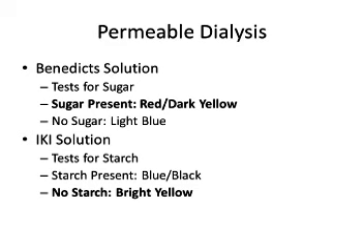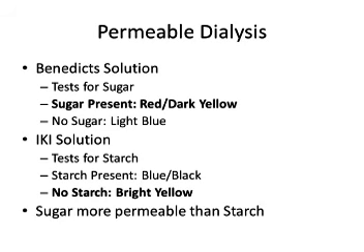So what you were supposed to notice is that sugar was present in the surrounding water, so the color was a red or a dark yellow. However, for IKI solution, there was no starch found in the surrounding water, so as a result, the color was a bright yellow.